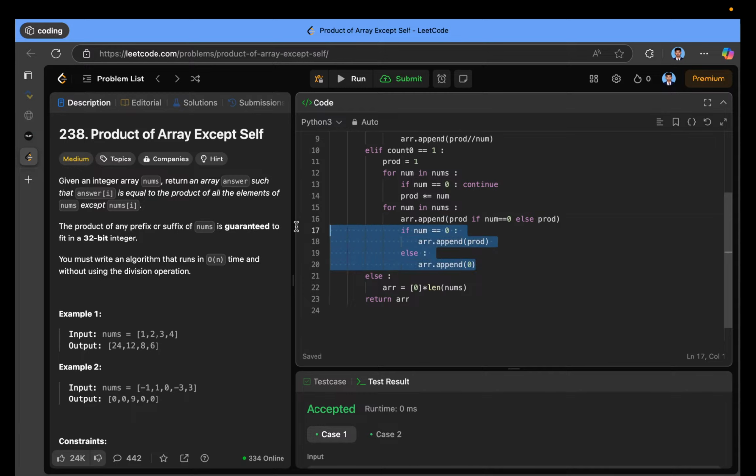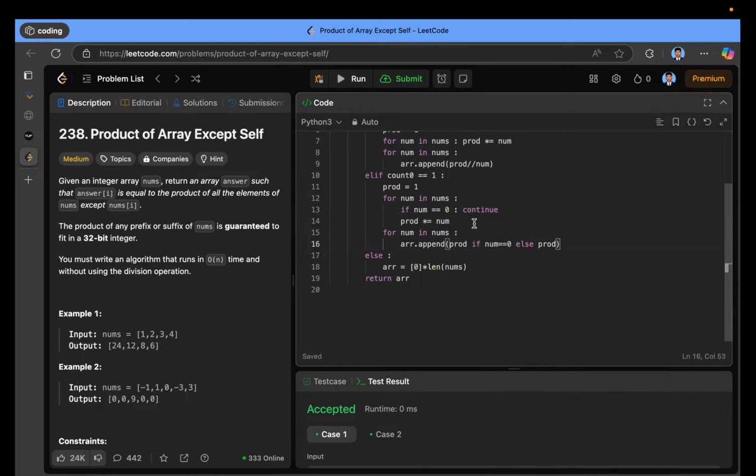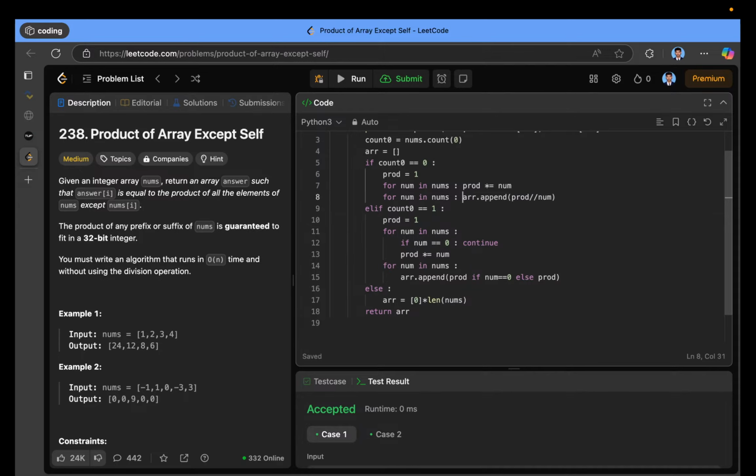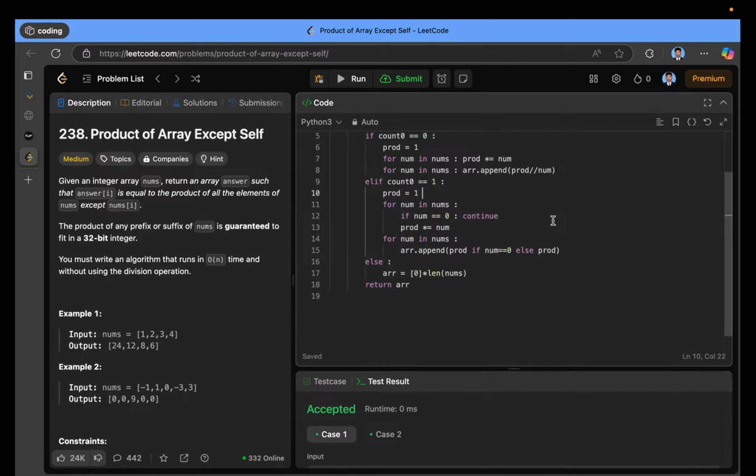This will remove these four lines. Yes, this will remove them. I don't see anything else that I can remove. Okay, let's run it again.